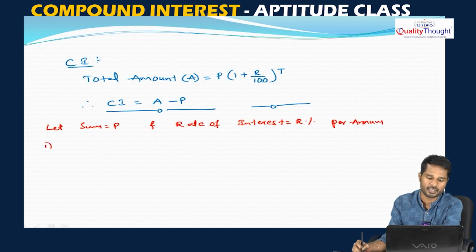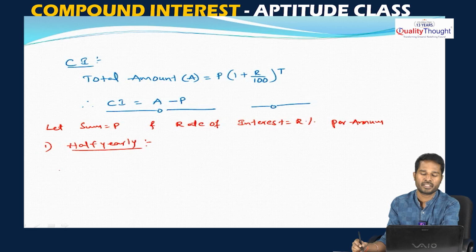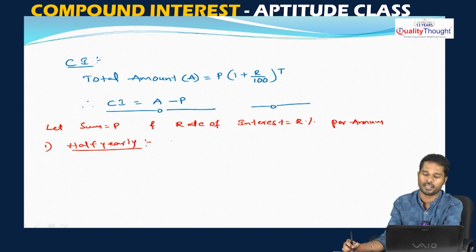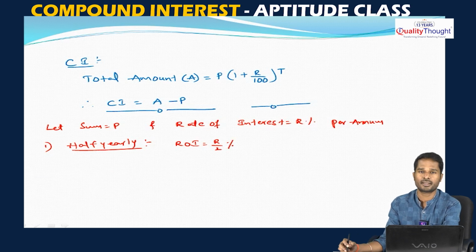Now check the first case, when the rate of interest is calculated half yearly. In this case the rate of interest will become R by 2 percentage, because R is the rate of interest per 1 year and we need to divide by 2, because half yearly means per 1 year you have 2 half years.